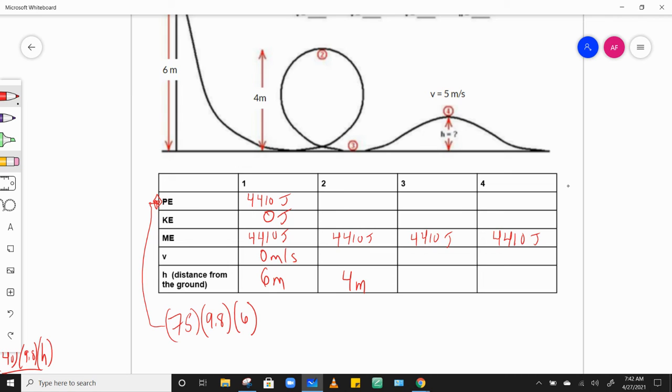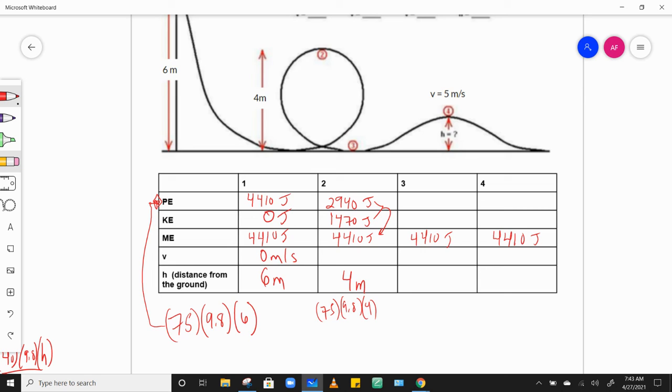So we know that the potential energy is 75 times 9.8 times 4, because it's mgh. And we get 2940. Okay, and then to find kinetic, we just take the mechanical and subtract that. And we get 1470, because these two have to add up to give you this one.